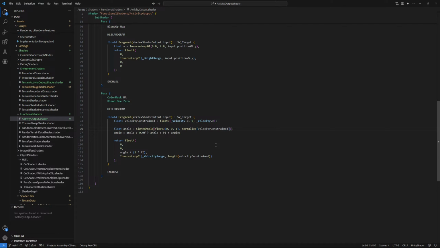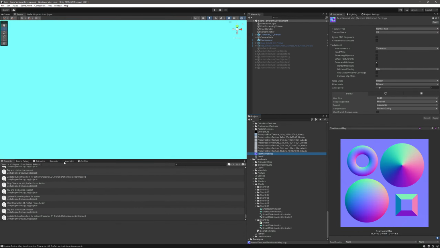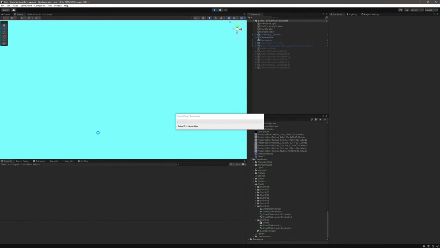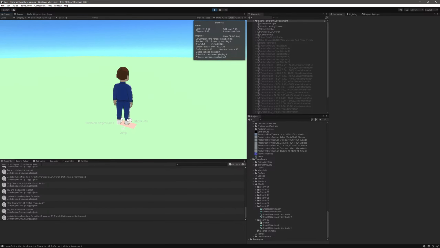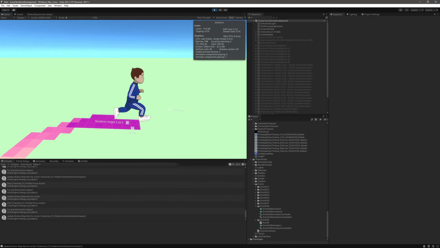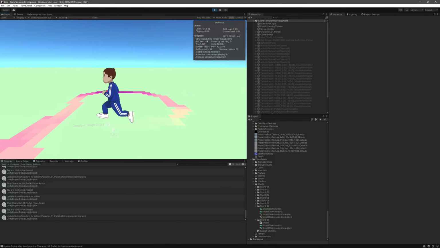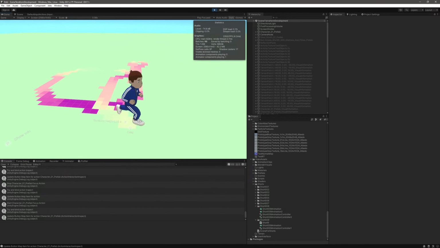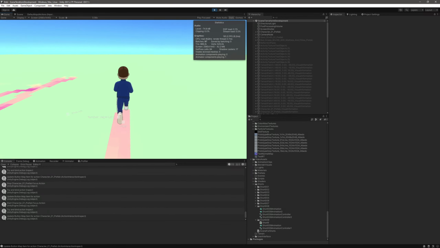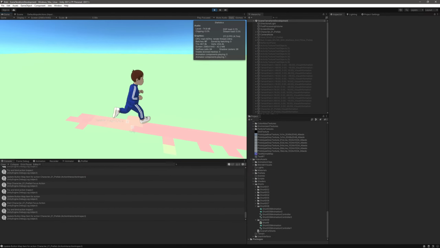We're doing cross product and then length. We still don't have a difference between these two.